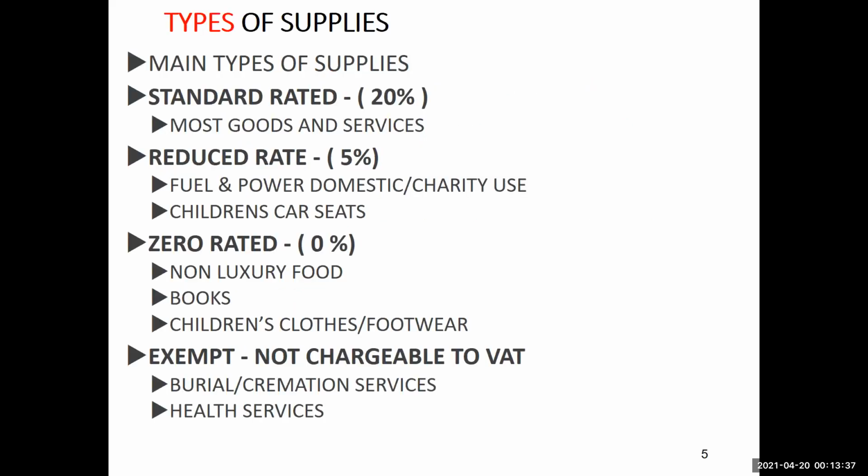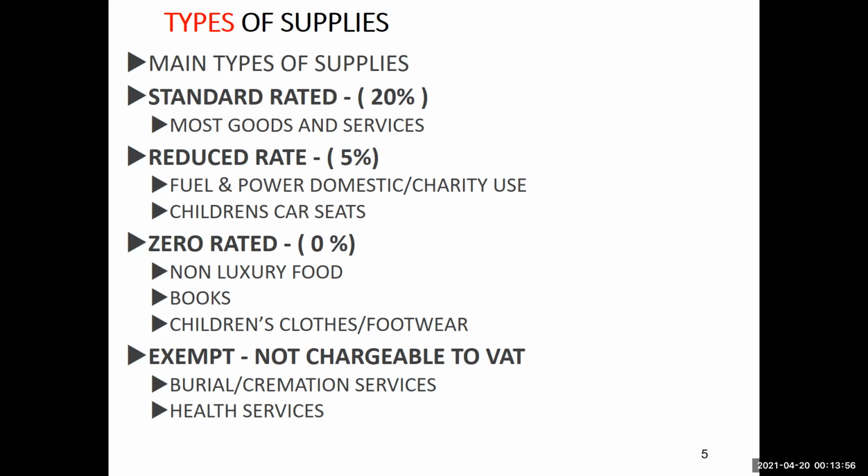Now, the types of supplies. Let's look at the types of supplies that fall under those different categories of VAT rates. We have the standard rated supplies, and they cover most of the goods and services that we trade in.